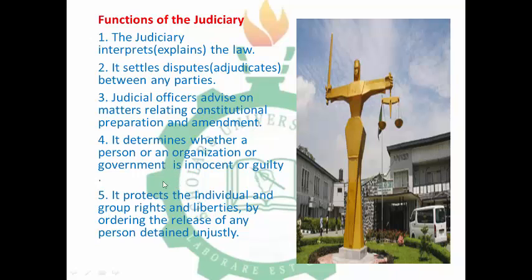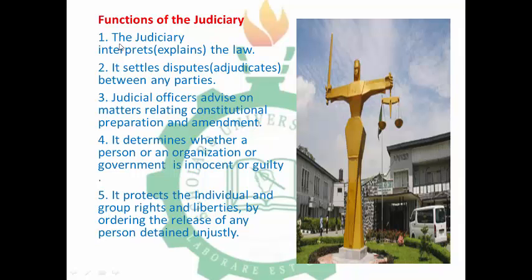Functions of the judiciary. When we talk about the functions of the judiciary, we have a number of functions that are performed by the judiciary or judicial arm of government in the country. The first one is that the judiciary interprets the law.